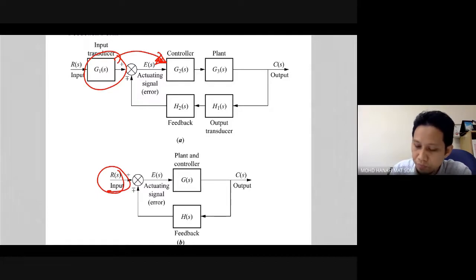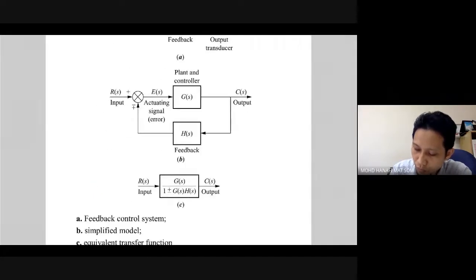How to do it? Well, before that, this is the simplified diagram of the feedback transfer function. So we have G over 1 plus minus GH. Here you see the difference in the sign: this is plus minus, this is minus plus.